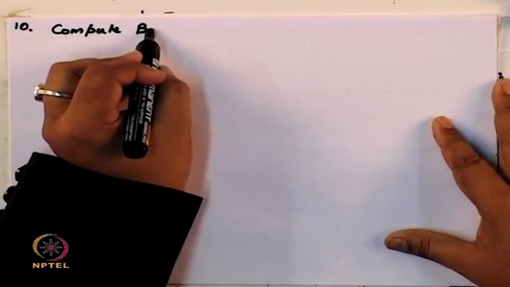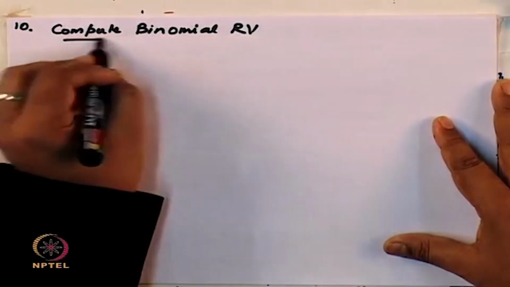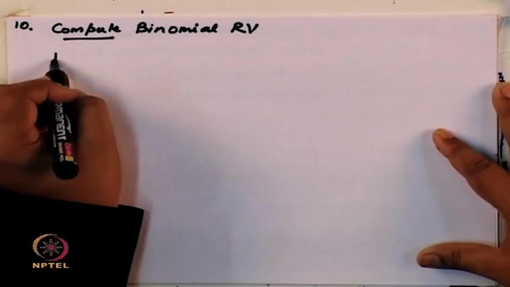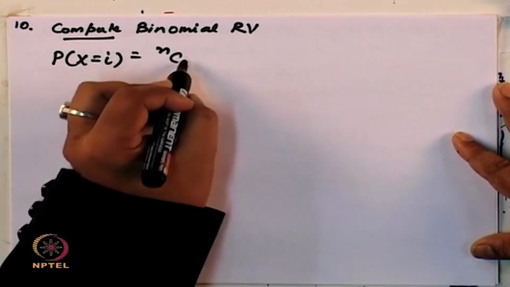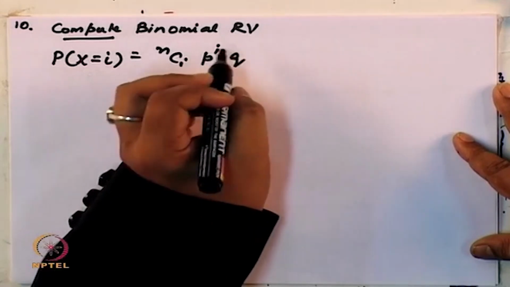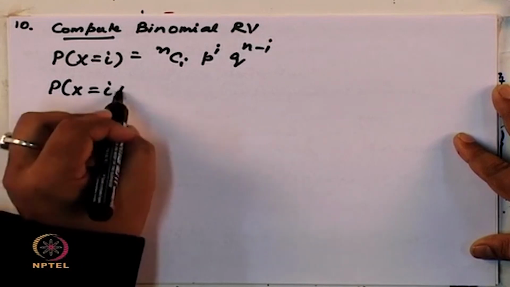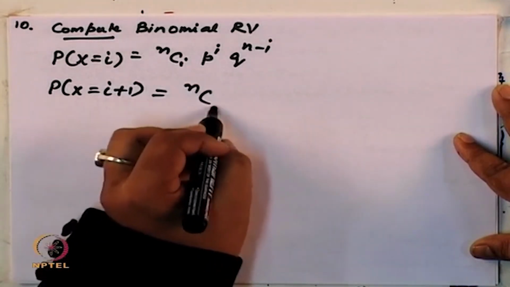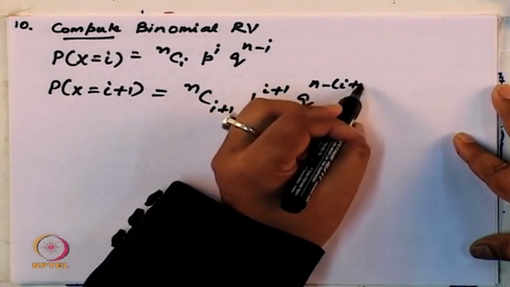Okay. So, one last thing I will introduce today is how to compute a binomial random variable. Compute means in a computer. So, you know that probability of x equal to i is equal to nCi p to the power i q to the power n minus i. And probability of x equal to i plus 1 is equal to nC(i+1) p to the power i plus 1 q to the power n minus i minus 1.